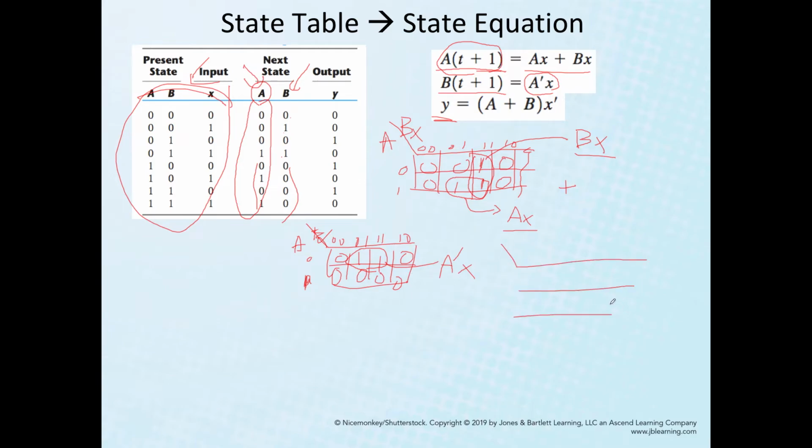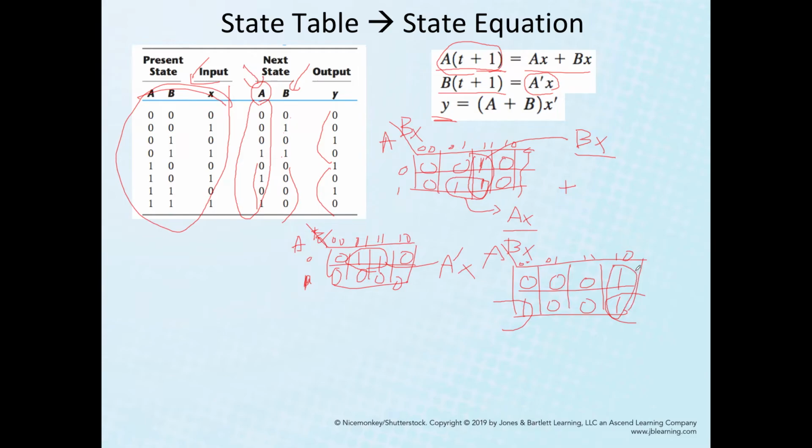And then Y we do very similarly. So we construct a K-map for Y, with A and then BX, and then Y is 0 0 1 0 0 0 1 0 1 0 1 0 1 0 1 0. So we have prime implicants. The order is 0 0, 0 1, 1 1, 1 0.